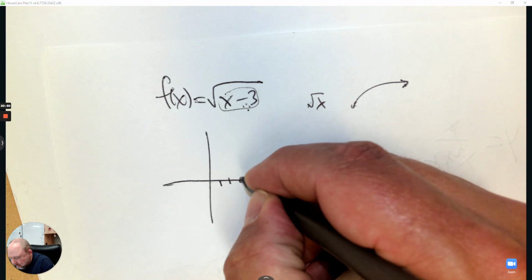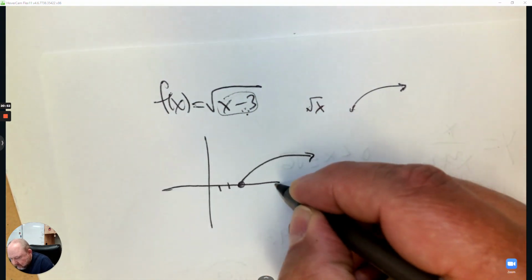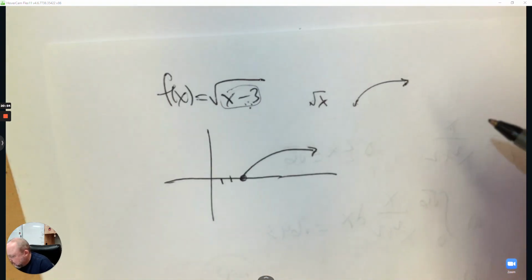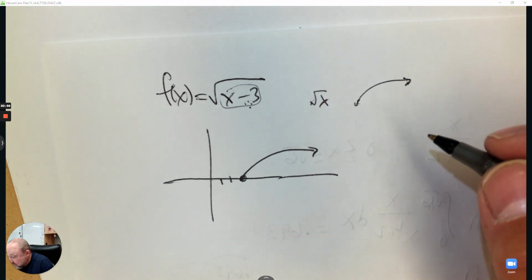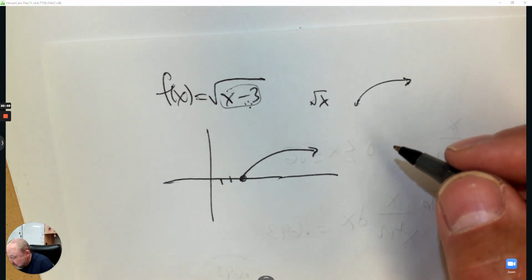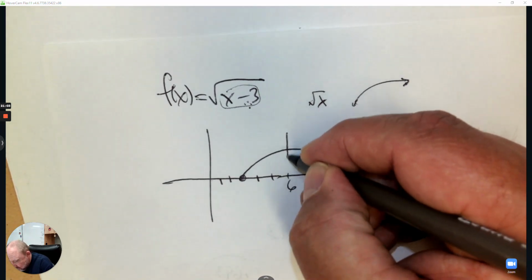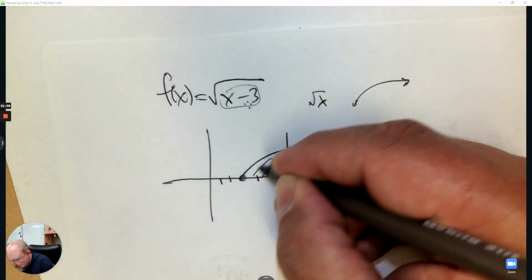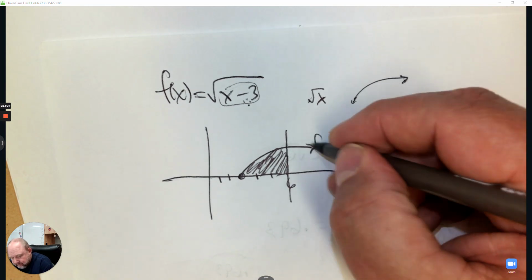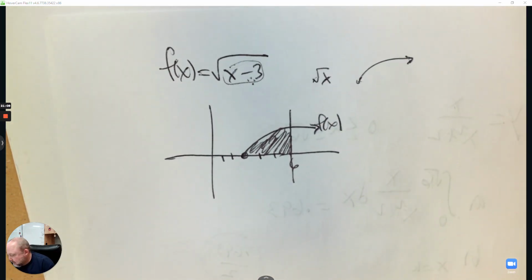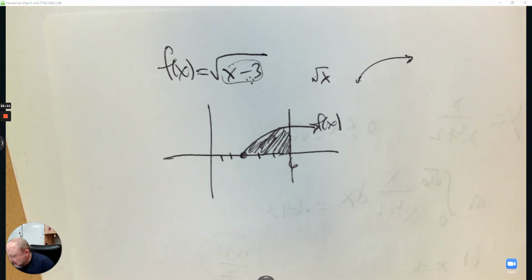So 3 to the right, and then draw your square root function. Sketch the graph of f and shade the region enclosed by that graph, the x-axis and the vertical line 6. So 4, 5, 6 right there. And then shade that area in right there.